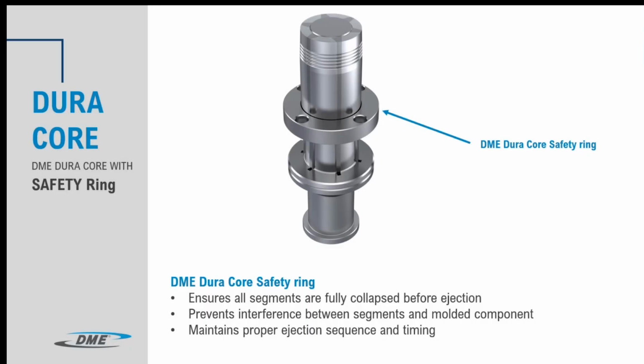The safety ring as a separate component is only required for the DuraCore smaller than 40 millimeter. For DuraCore 40 millimeter and larger, we incorporate safety ring type geometry in the inner and outer elements, so there's not an additional component. Next slide.